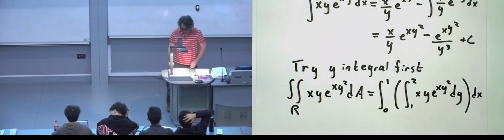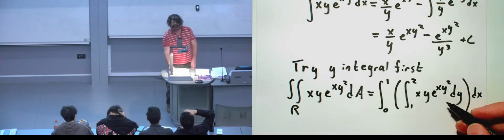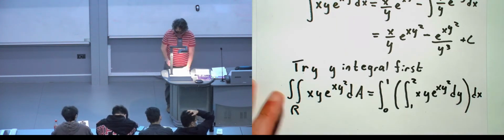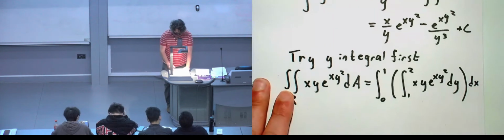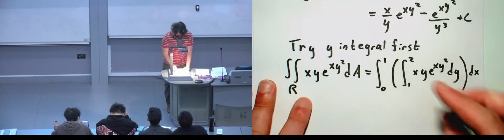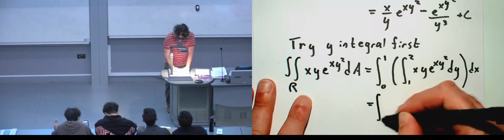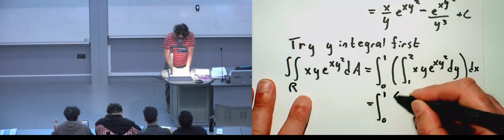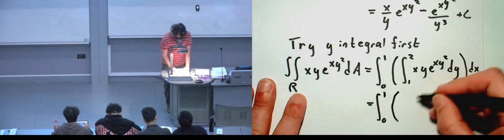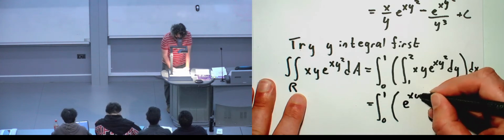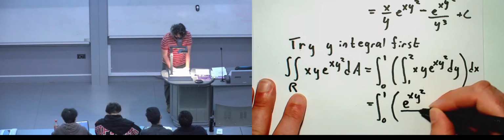Okay, and so you can do this one by substitution, the integration with respect to y. You substitute in u equal xy squared. I'm going to skip some steps here just in order to save time, but if you do that integration, you get the indefinite integral is e to the xy squared over 2.